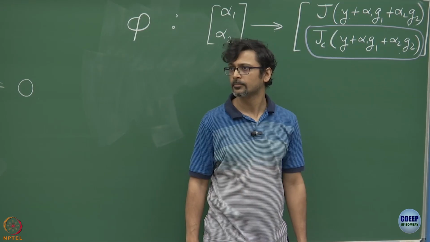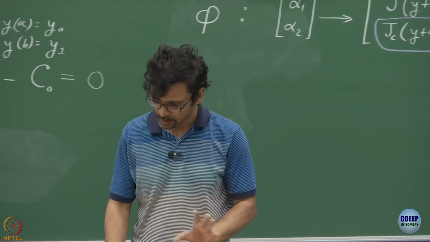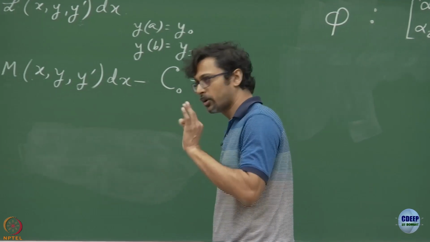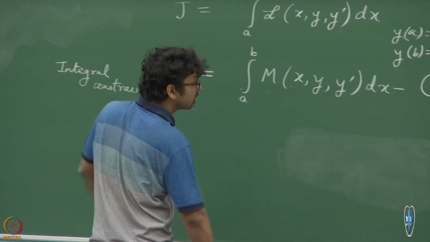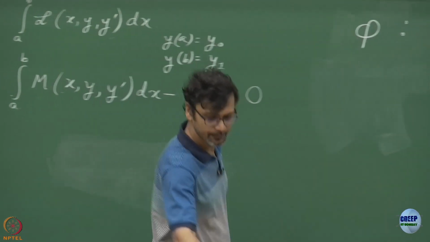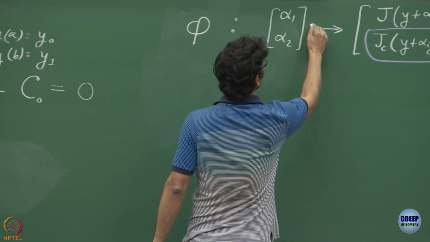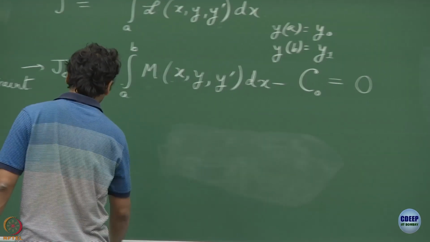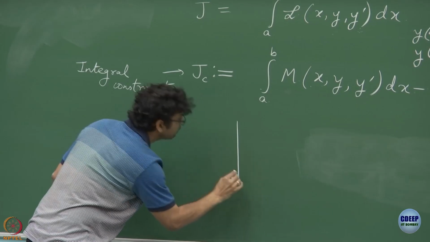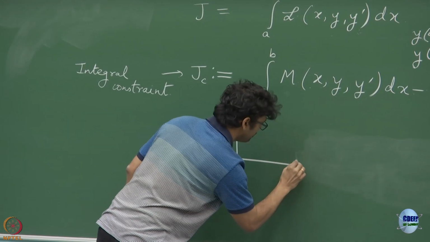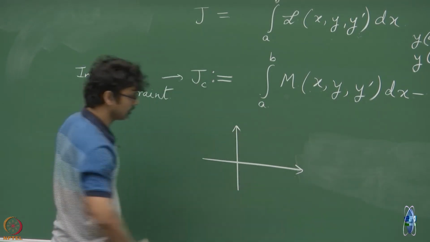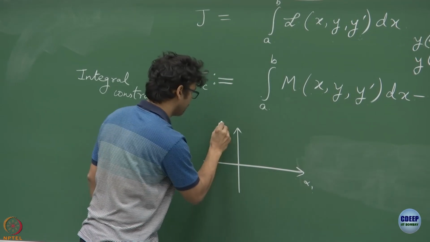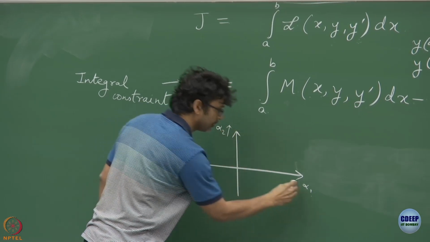Please feel free to interrupt me if you have any doubts at this point, it's important to understand this. What we are saying is, this is a function which takes these two numbers, so its domain can be thought of as something like this, where this direction is alpha 1 and this direction is alpha 2.